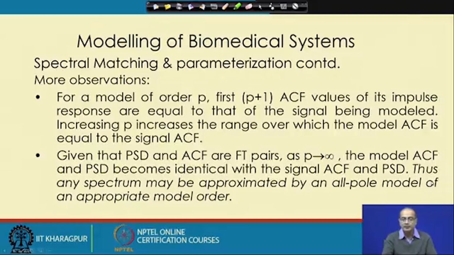Now, ACF and PSD are just Fourier transform pairs. So, if we can get one, we get the other also. As the model order P increases and tends to infinity, the model ACF becomes identical to the signal ACF, and the model PSD becomes identical to the signal PSD.